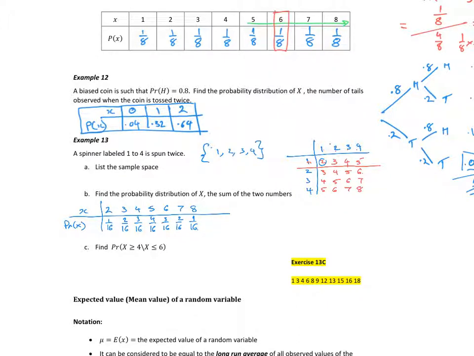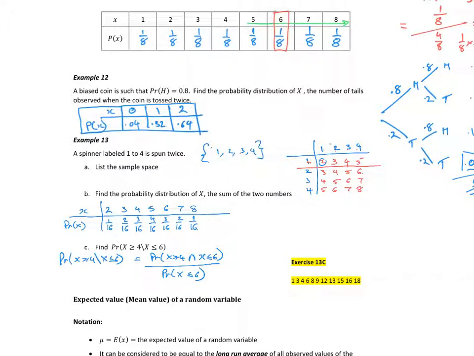Now I use that to work out whatever problems I've got. C says the probability of A given B. So the probability of X being greater than or equal to 4 given it's less than or equal to 6 is the probability of greater than or equal to 4 and less than or equal to 6, over the probability of X less than or equal to 6.